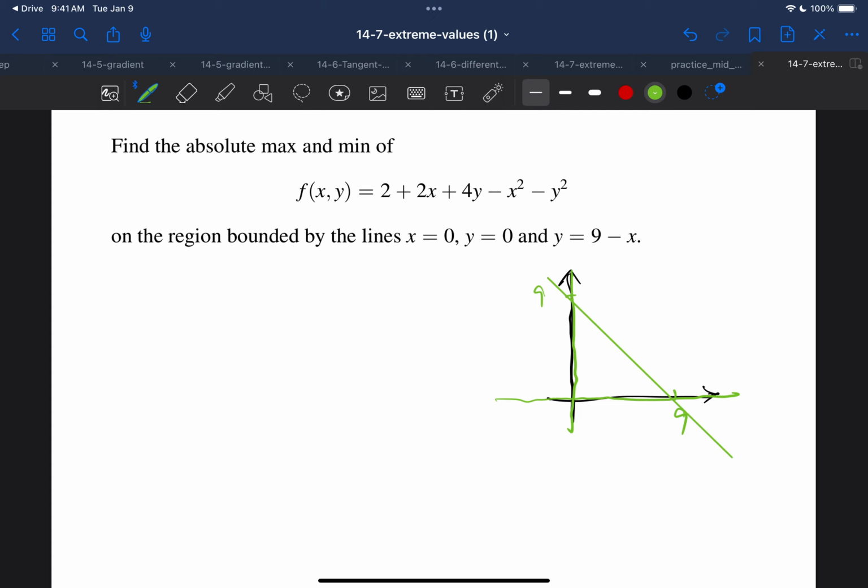Approximately like this, and we're looking at the area inside of here.